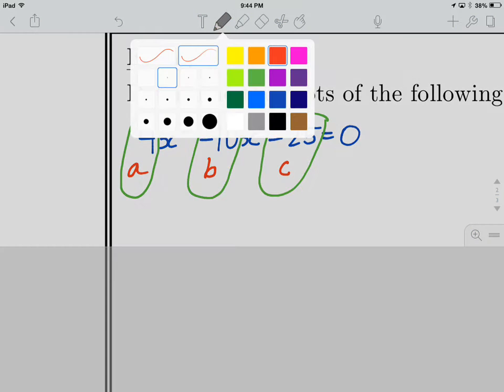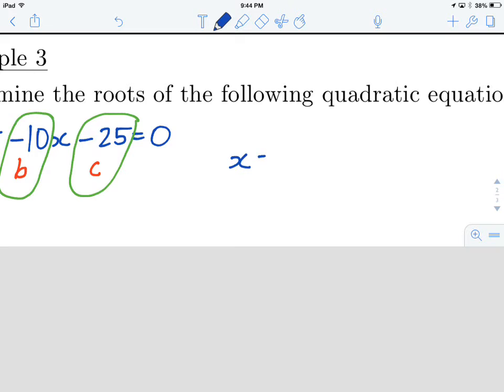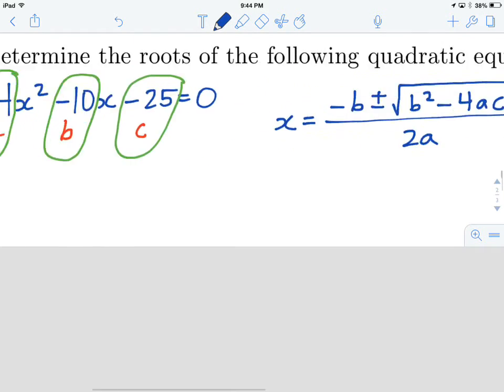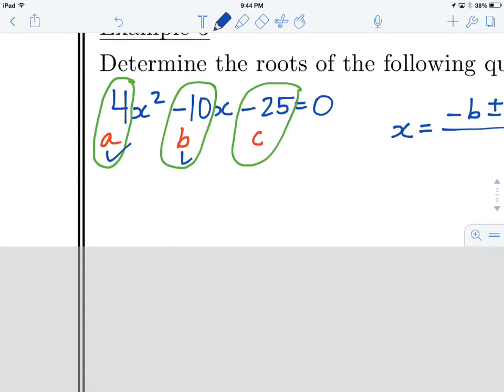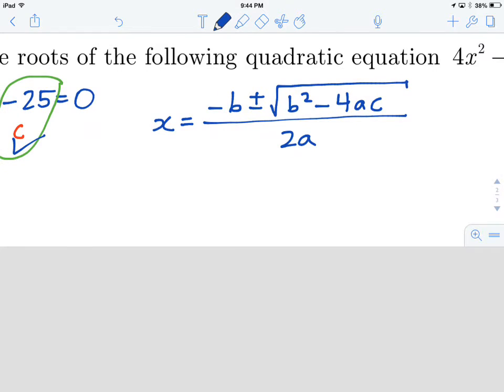So that now when we turn our attention to the quadratic formula, x is equal to negative b plus or minus the square root of b squared minus 4ac, all divided by 2a. We can substitute our values for a, for b, and for c into this expression, the quadratic formula.